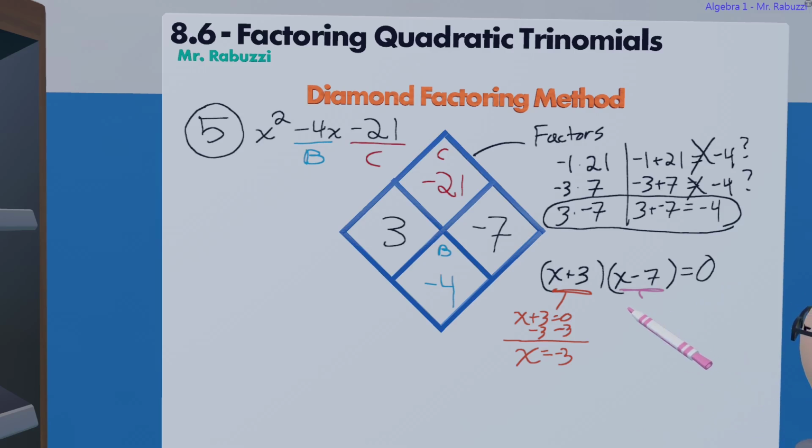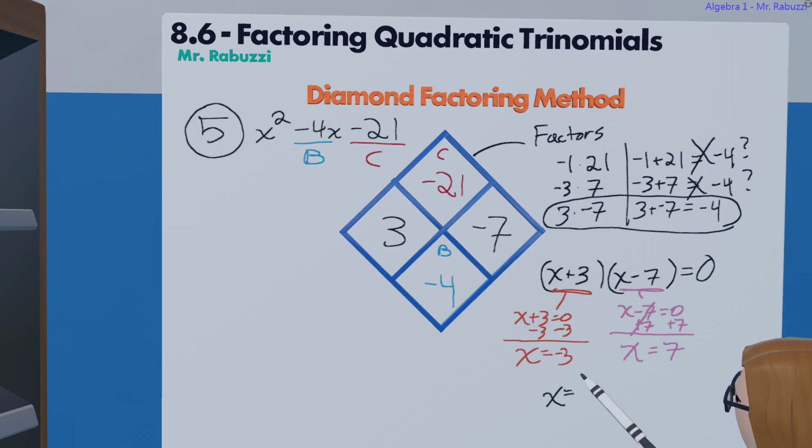Then our pink side, we do our factor, the x minus 7 equals 0 by itself, and start solving. So we add 7 on both sides, and we get x equals 7. So we have our two answers now. X equals -3 and 7.